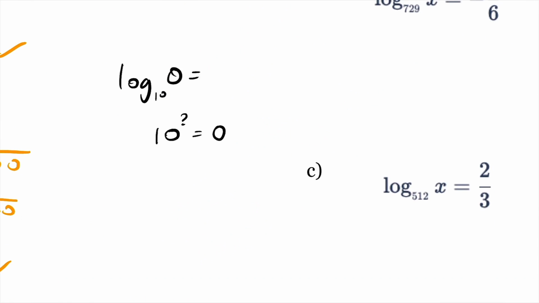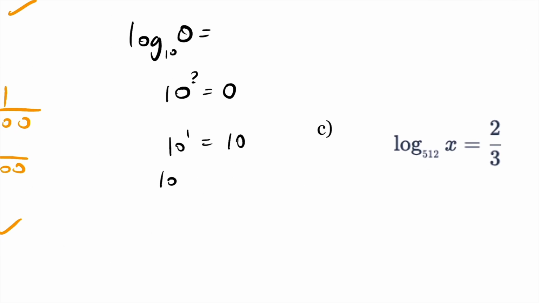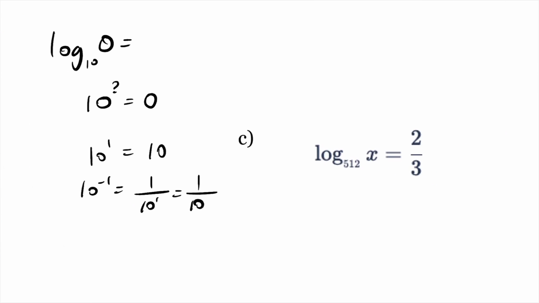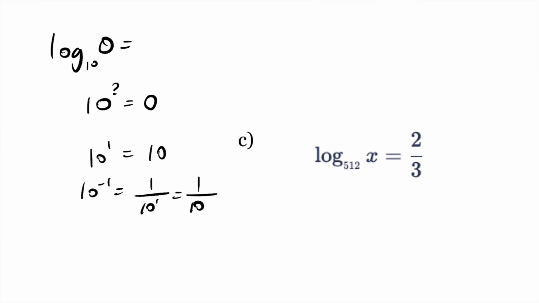So would that be there? Not 1, because 1 would be just 10, right? 10 to the first power equals 10. Negative 1 would just flip it to make it like that. It's called undefined, or there is no answer.